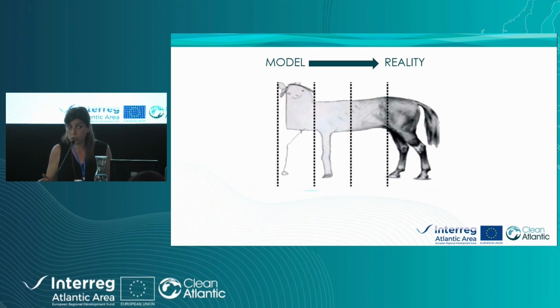So basically, we need to think that models are not exactly the reality, but the advantage is that they can be improved throughout time. This is something we have been doing during these 6 years. We started with a simple model, and as time went by, we improved the model. Now we can simulate different densities of particles.